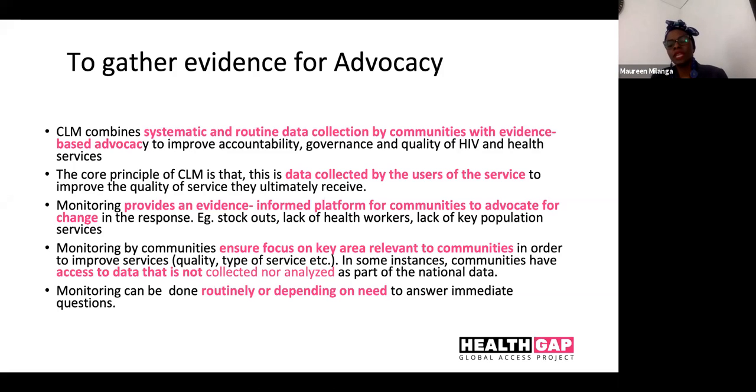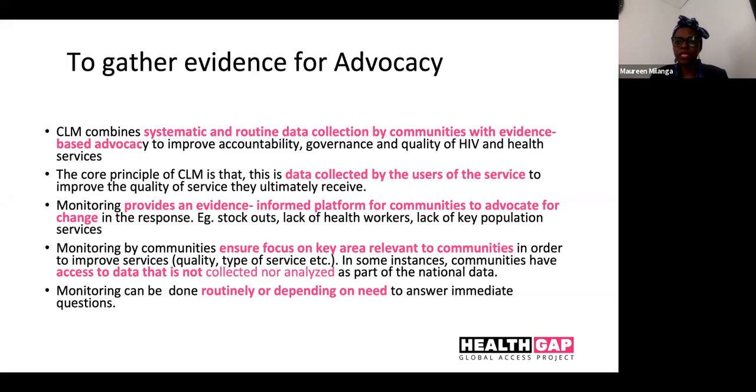So community-led monitoring does not need to only cover HIV, but should look at the entirety of the healthcare system. The need for community-led monitoring is also to gather evidence for advocacy.